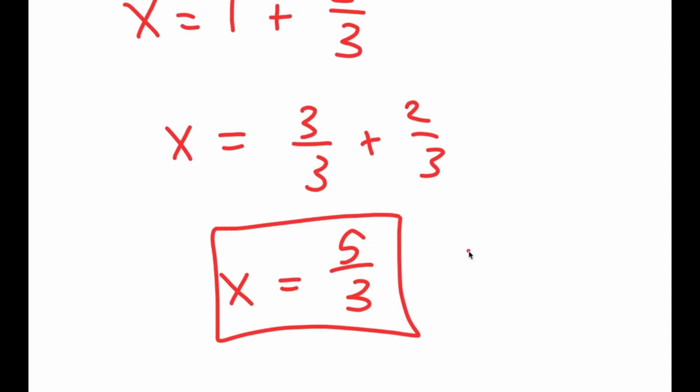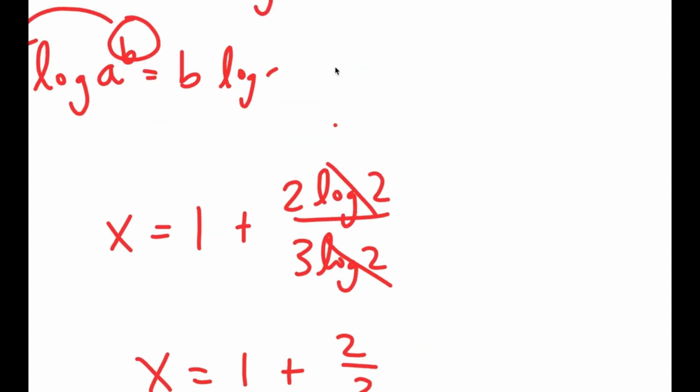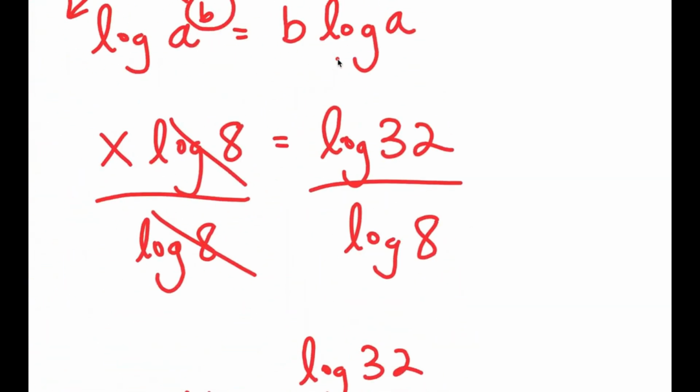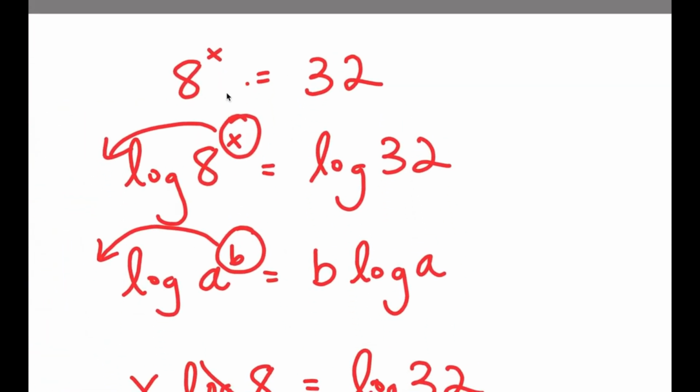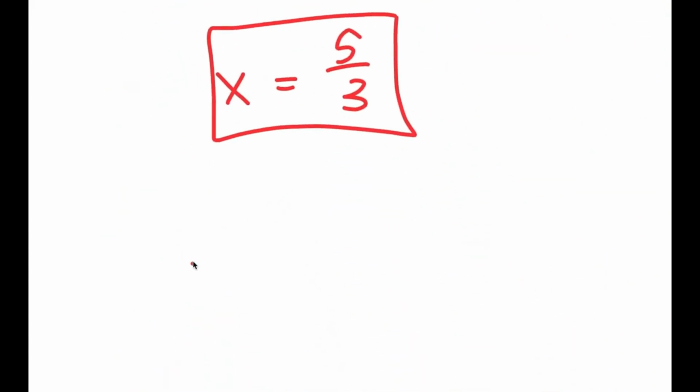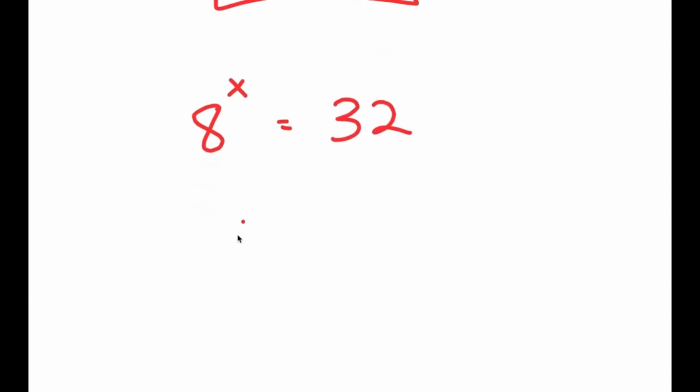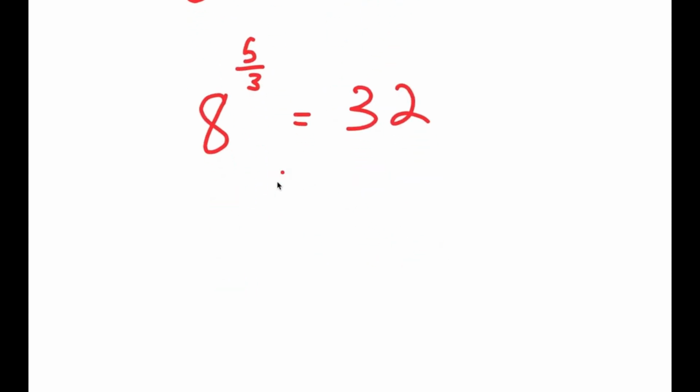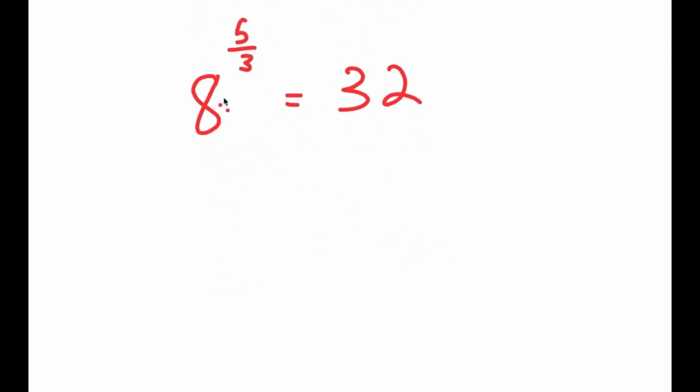Now, how do we know that this is the right answer? So, going back, we have 8 to the power of x equals 32. And we're plugging in 5 over 3. So we get 8 to the power of 5 over 3 is equal to 32. Now, 8 is the same thing as 2 to the power of 3.